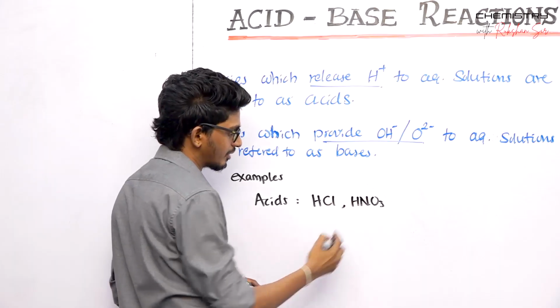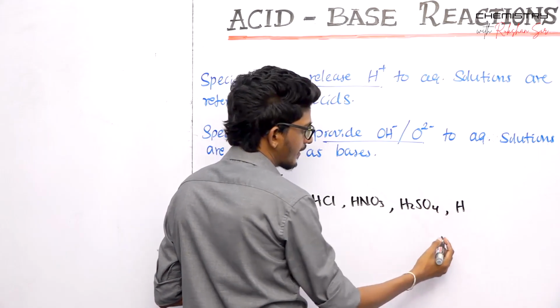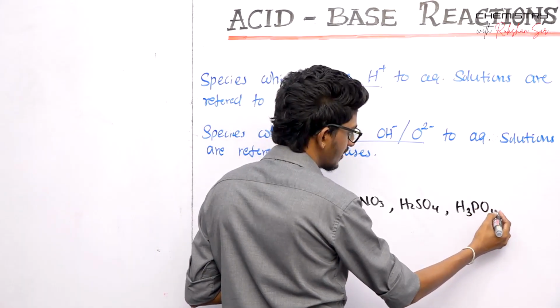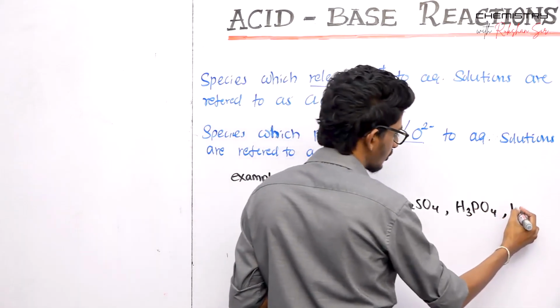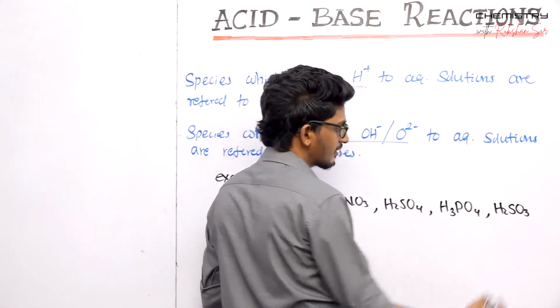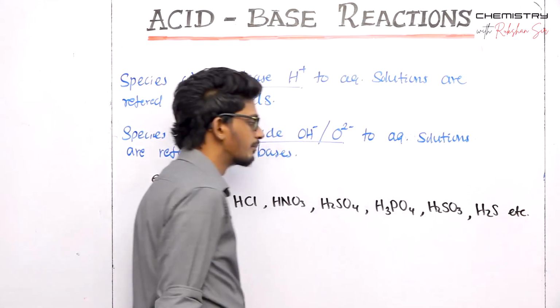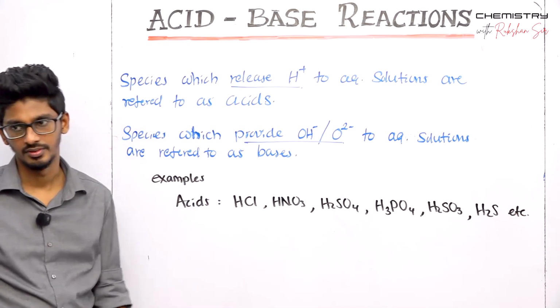HNO3 will also release H plus. So H2SO4, H3PO4, these are acids. H2SO3, H2S. We can write various kinds of acids. Numbers of acids are there. These are some examples.